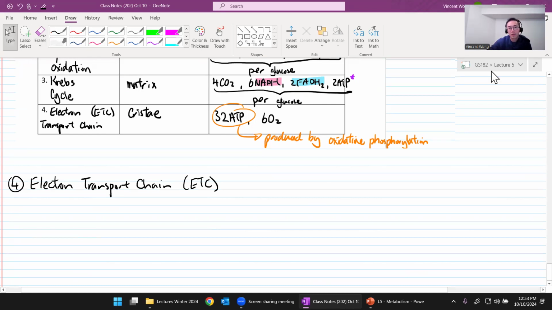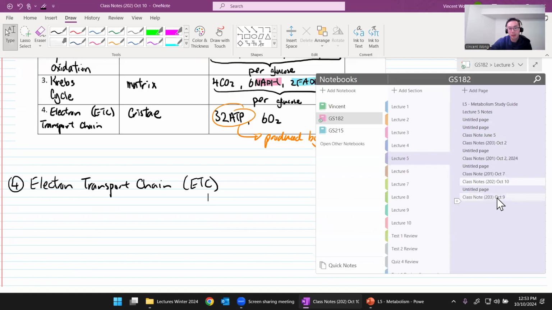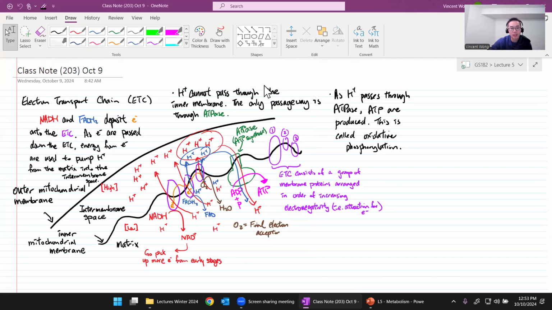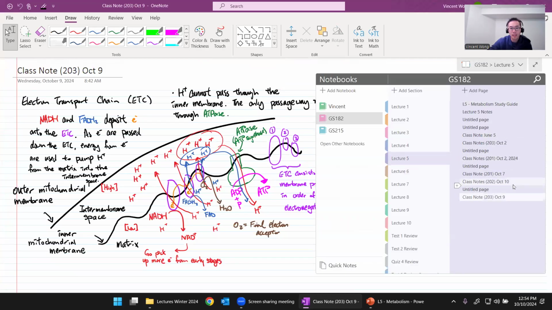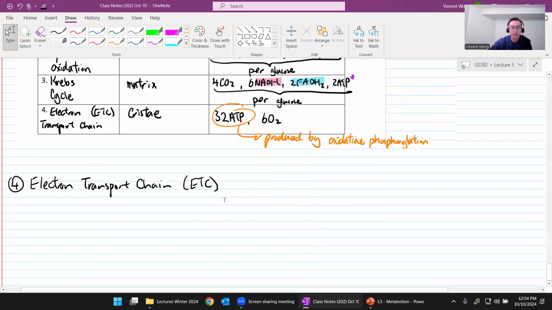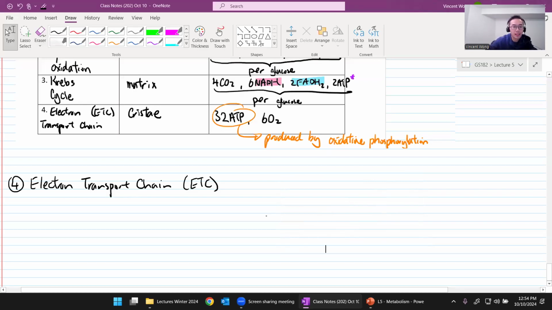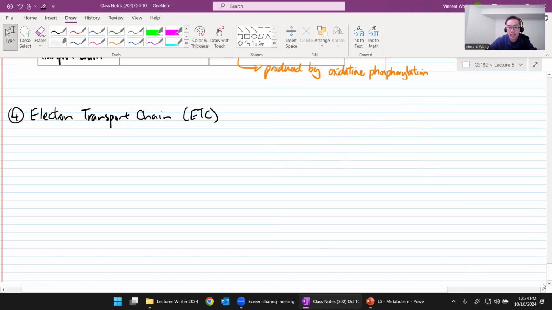Okay, so let me show you the note. I did it with my other class yesterday. We're going to basically be drawing this thing, okay? So you need to start a new piece of paper and have it sideways, okay? So draw like that, okay? So ETC happens in the crista.